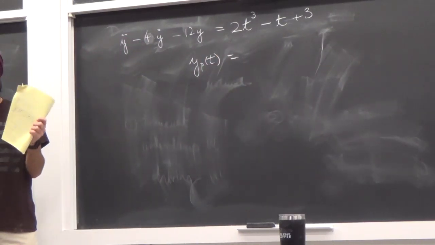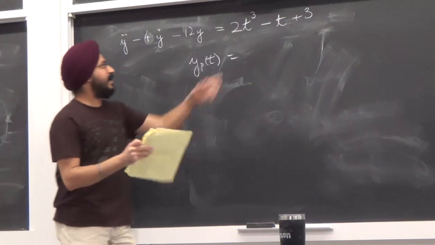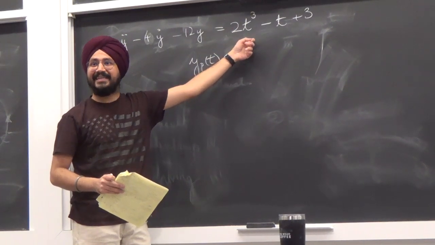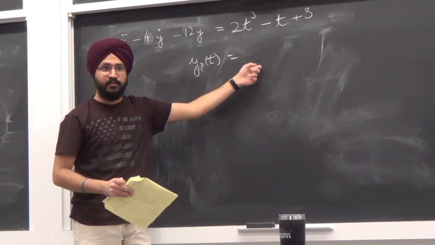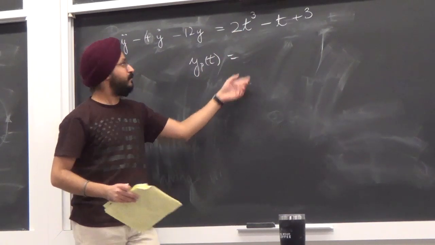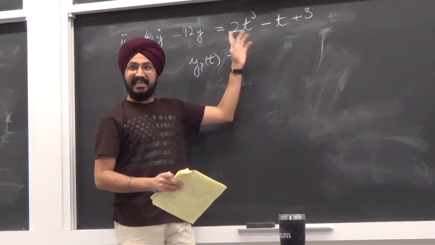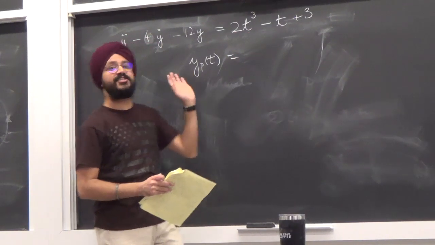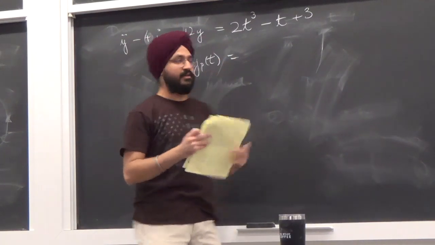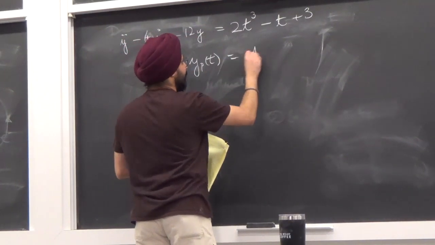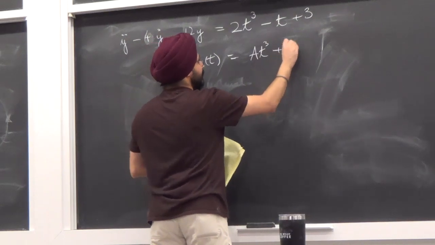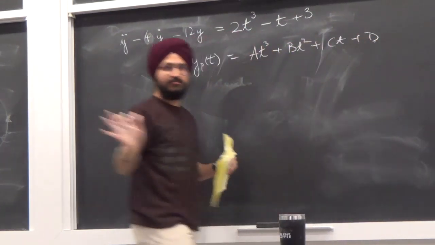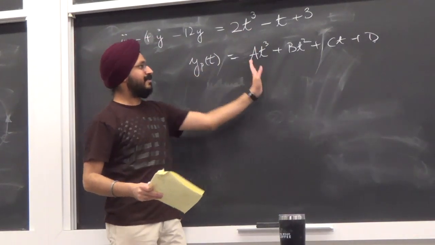Now here's the rule. Here's the wisdom of the ages. For an nth order polynomial on the right hand side, guess an nth order polynomial for y of p. Third order. Even though it doesn't have a second order quadratic piece, my y of p should be a generic third order polynomial. So I'm guessing a t cubed plus bt squared plus ct plus d. Okay? Third order.